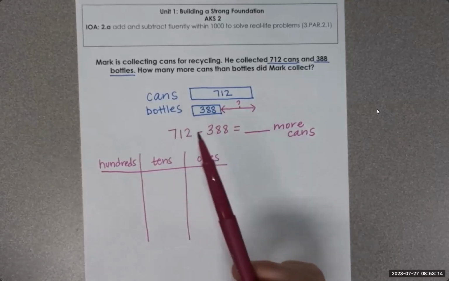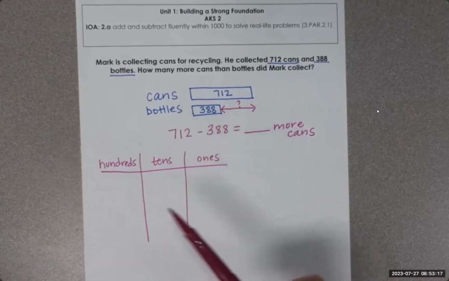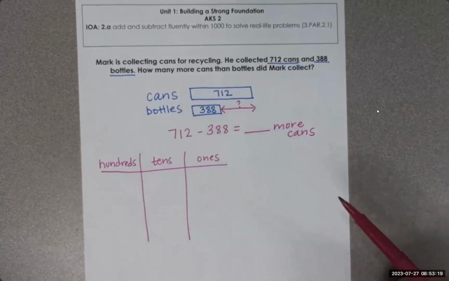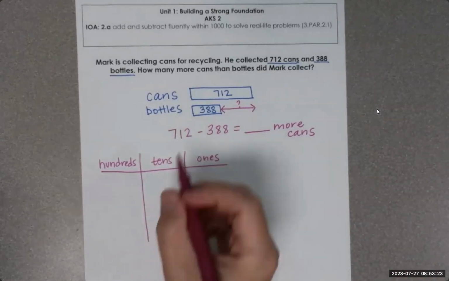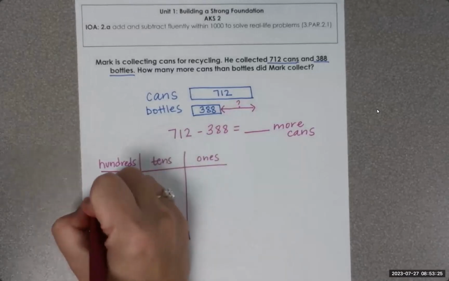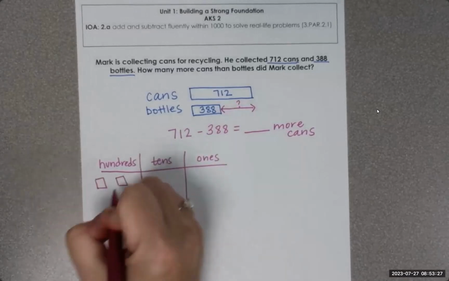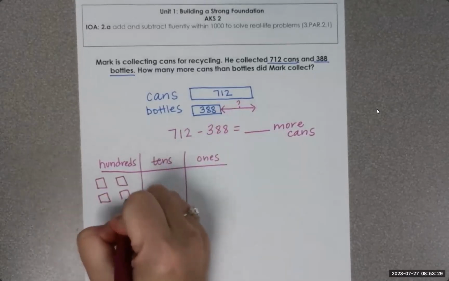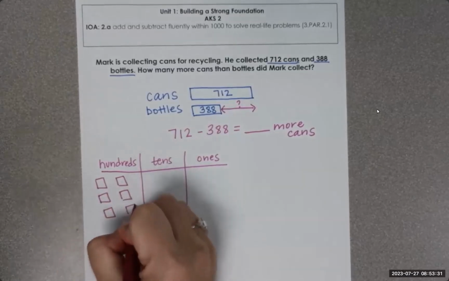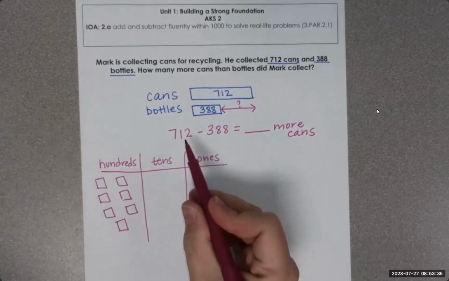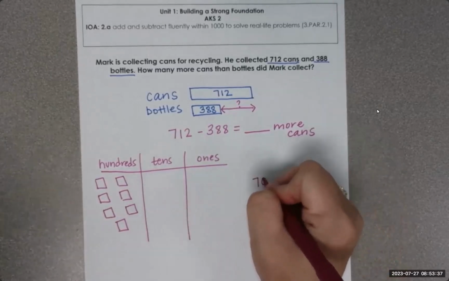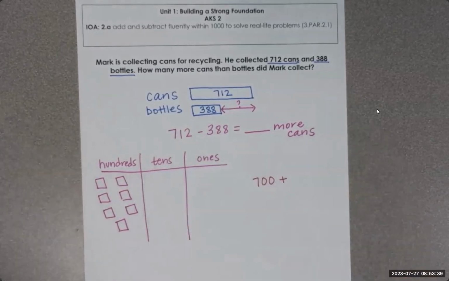So I'm going to represent 712 using base 10 blocks. At the same time, I'm going to use those values to help me with that expanded form equation. So I know I have 700s, 1, 2, 3, 4, 5, 6, 7. So I'm going to go ahead and write 700 as part of my expanded form equation.